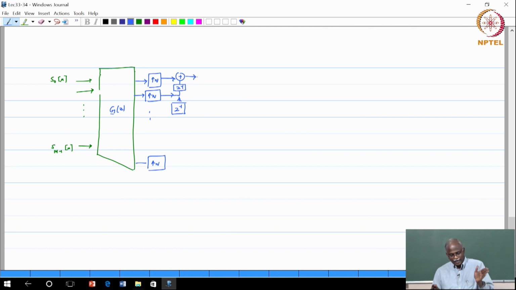So, basically we have achieved a very similar structure to the synthesis filter bank with the polyphase representation, except that we now have a system where redundancy has been introduced. Okay. I hope the aspects of redundancy you can kind of see it coming in.